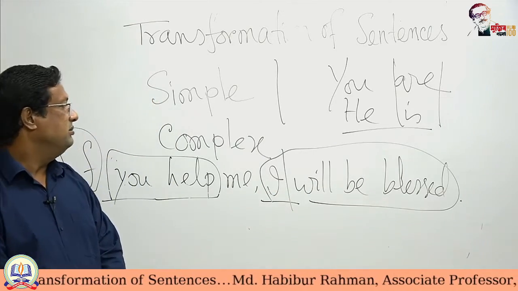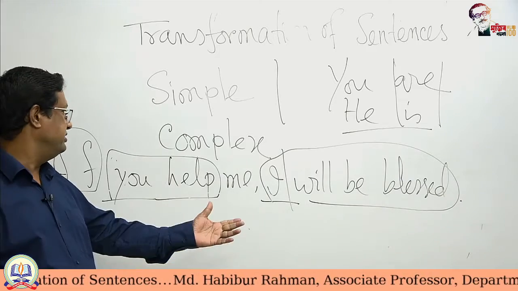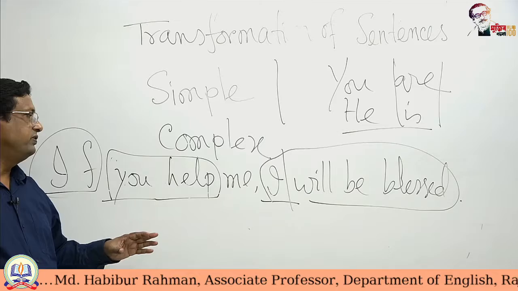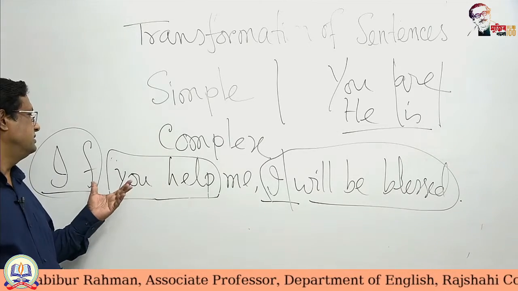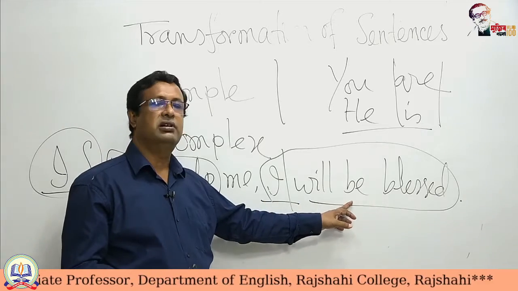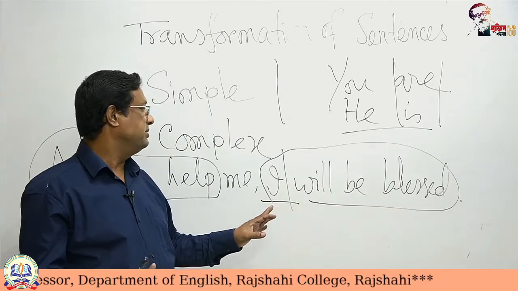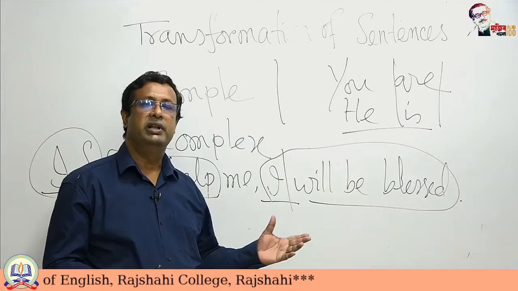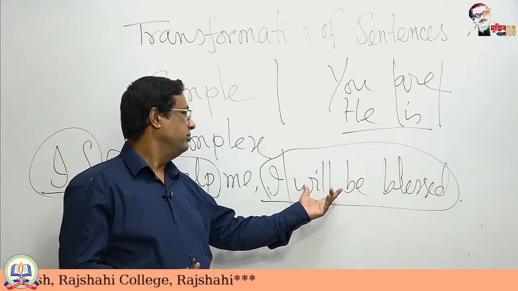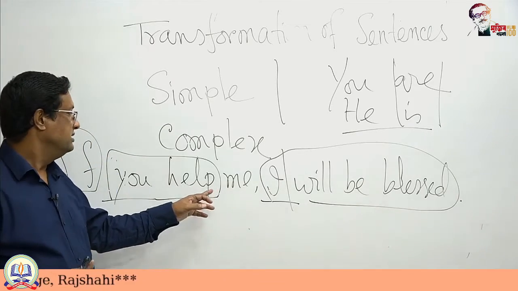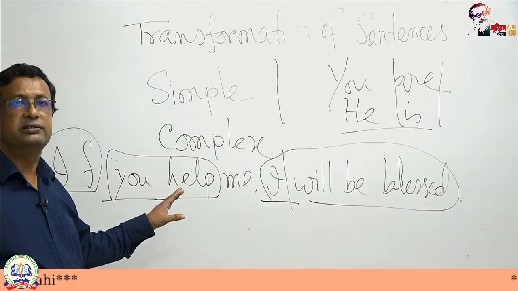So I will be blessed ends the sentence and gives the full meaning. That is why this is the independent clause or principal clause. I will be blessed is the principal clause, and if you help me is the subordinate clause.